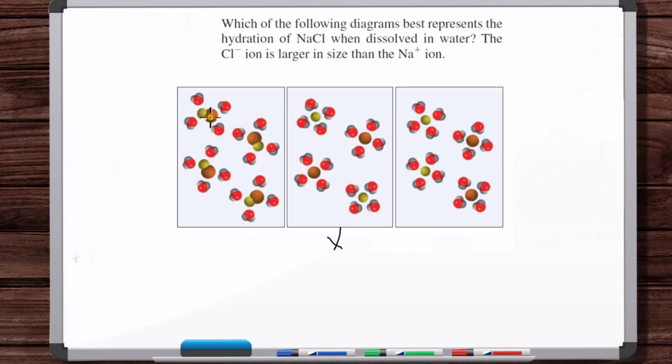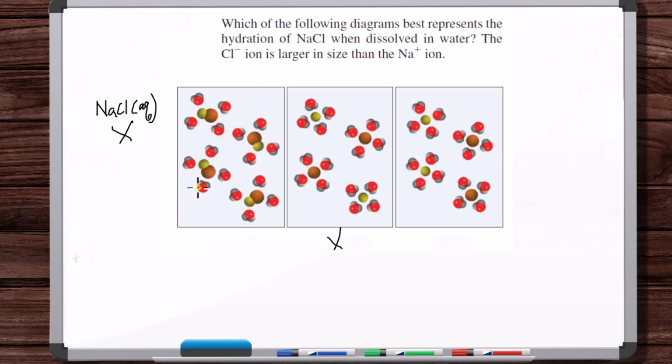Here we've got NaCl. When an ionic compound dissolves in water, this one is suggesting that we have NaCl aqueous. No. You don't have an ionic compound aqueous. It doesn't dissolve this way. The NaCl doesn't break down into individual NaCl components that then get hydrated.